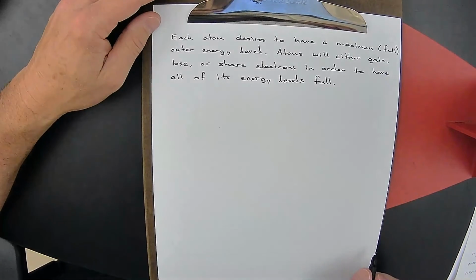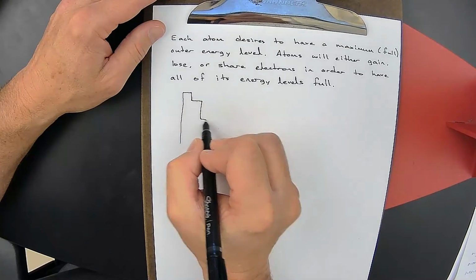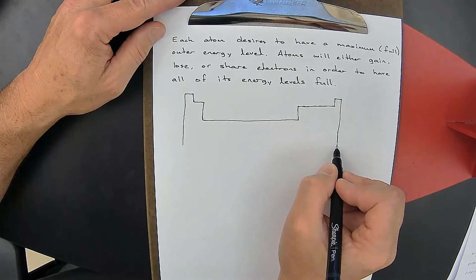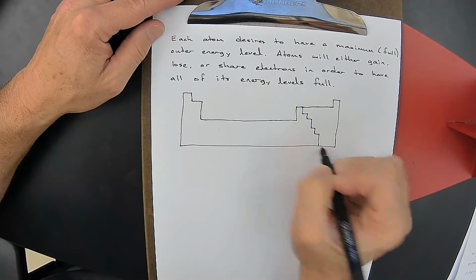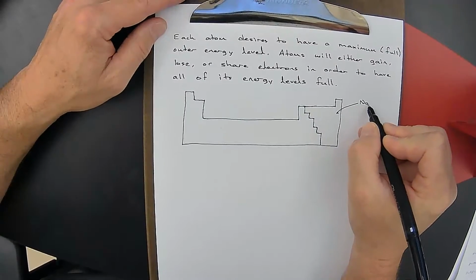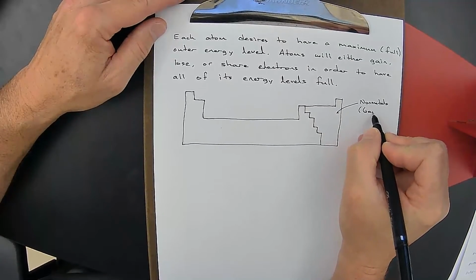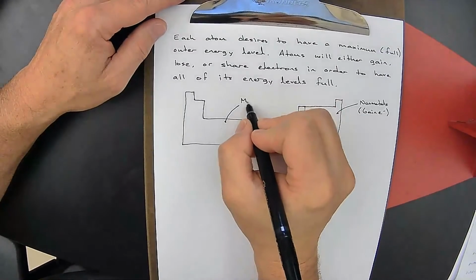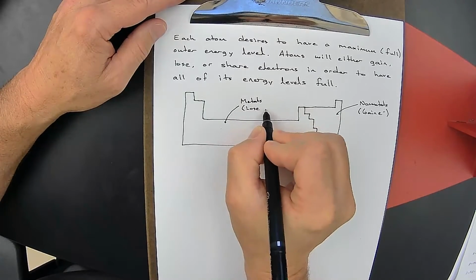And I want to remind you, we previously drew the periodic table, and I'll just draw this real quick. I'm sure you drew it much better than I did. We labeled this side as non-metals, and if you remember, we said non-metals gain electrons, and we labeled this side as metals, and we said that metals will lose electrons.